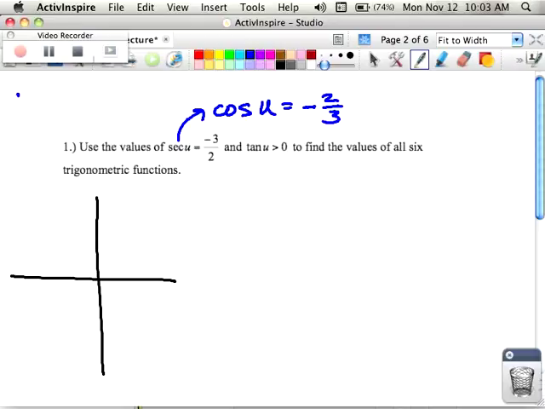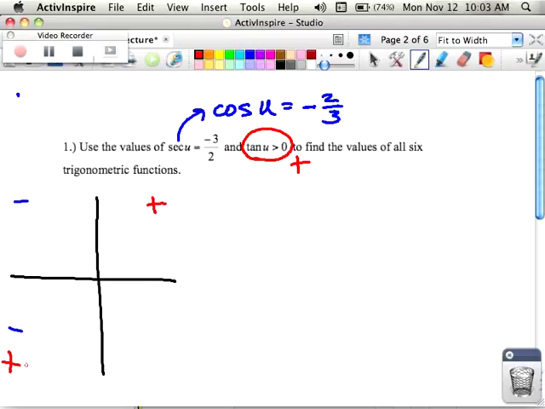Cosine is negative in the second and third quadrants. And then they also talk about the tangent being greater than 0, which means it's positive. That's in the first and the third quadrants.